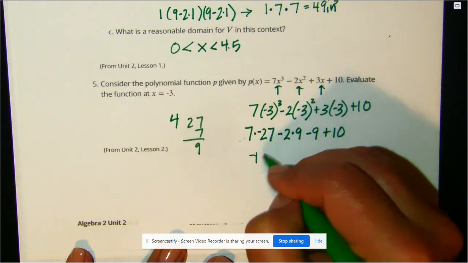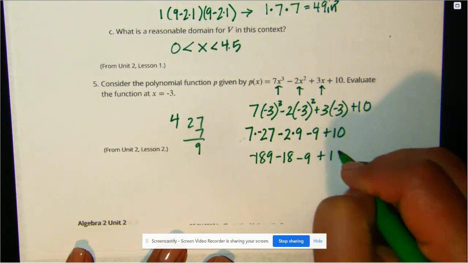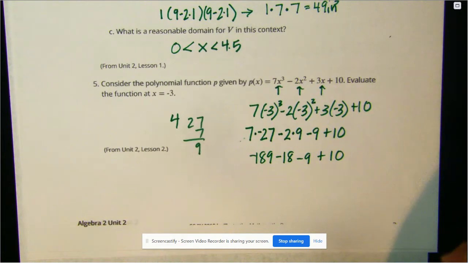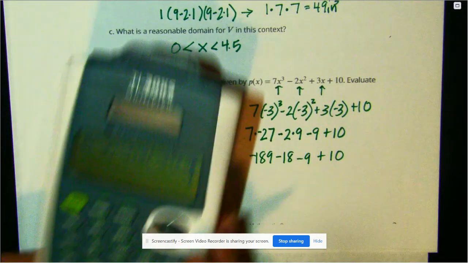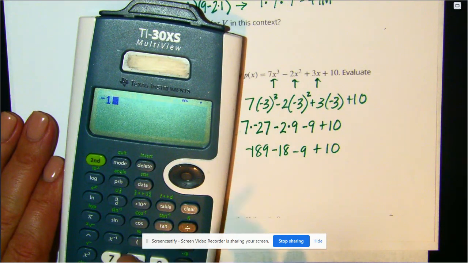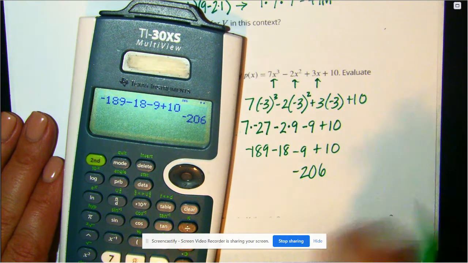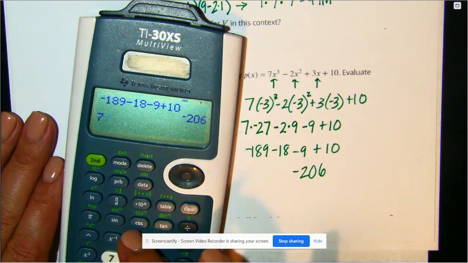So it's -189 minus 18 minus 9 plus 10. Let's see. -189 minus 18 minus 9 plus 10. I got -206. I'm going to do the whole thing again just in case.